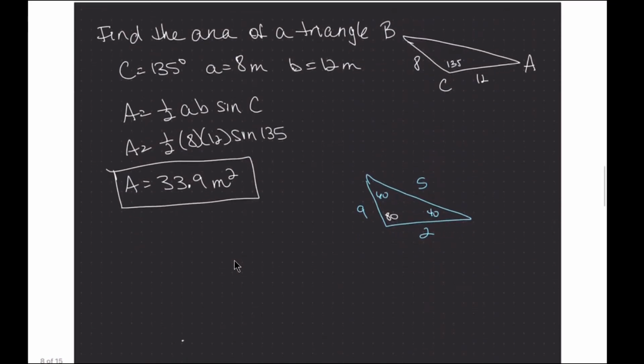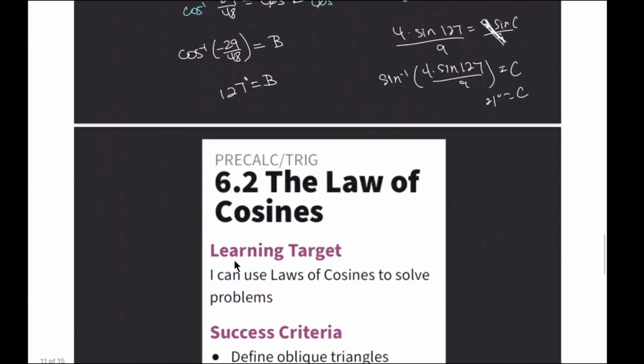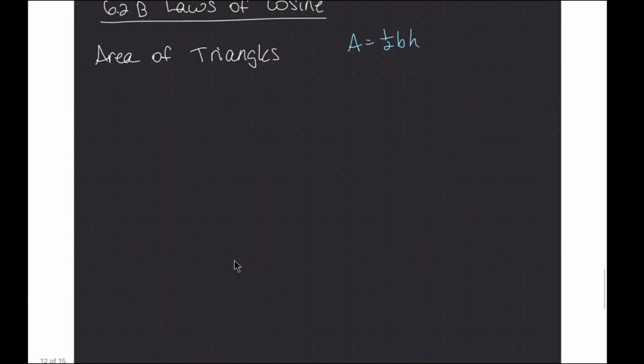Depending on what information they gave us, you could have area equals 1/2 BC times the cosine of A, or whichever other combination you needed for the information that you had. On this formula, that base and that height always have to make that 90 degrees, or that perpendicular, so you always had to find that perpendicular. And when we used this law of cosine area formula, you had to know 2 sides and an angle.